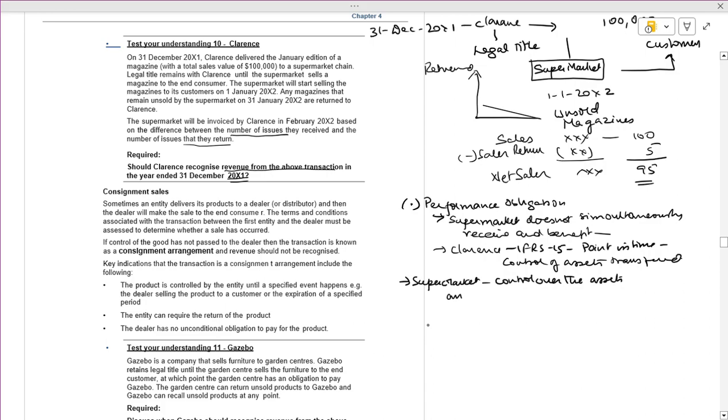Any damage, the supermarket will bear the risk. Anything happens. See, I am supplying 20 products. Okay, you have sold 5, 2 have been damaged. Automatically, what will happen? That's not my job.